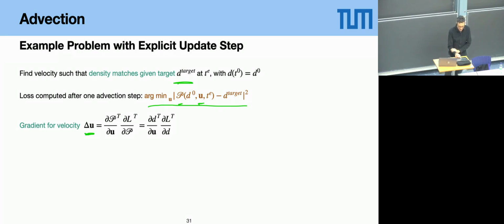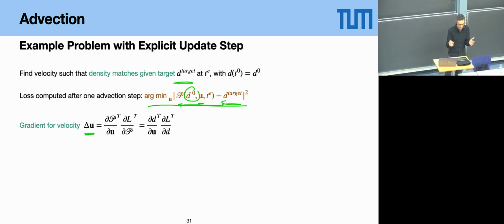Loss being this expression up here, the target density minus what came out of our advection step, out of this P, that should match. Keep in mind, so we're putting in the d_u, we move it around, and then the moved d should be in line with the target, meaning our loss should go to 0 ideally, or be as small as possible.